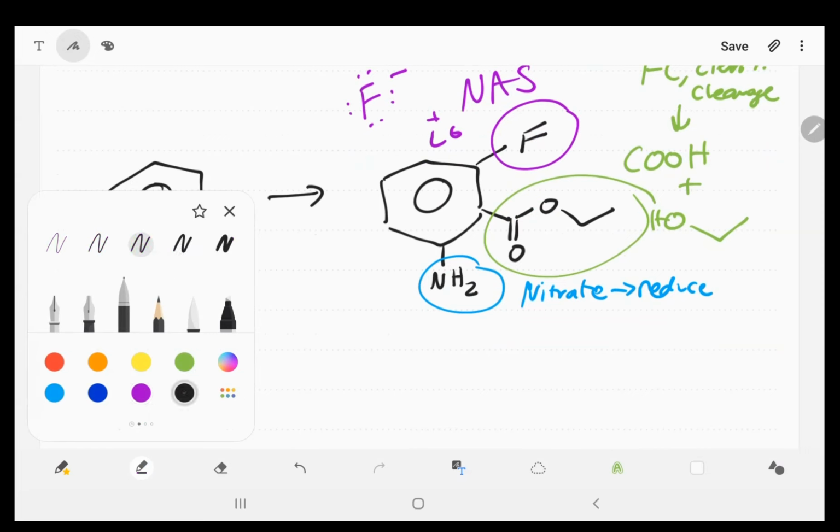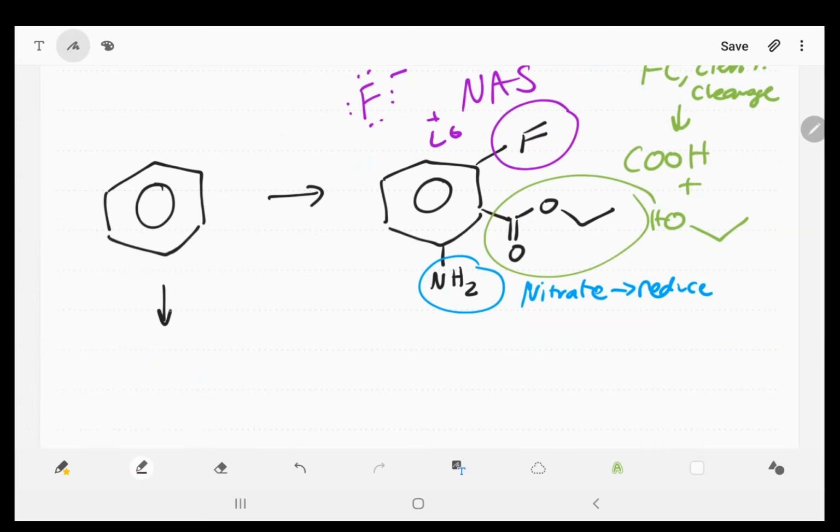Let's do our acetyl chloride again. And we can reduce it. So we always do that step first?